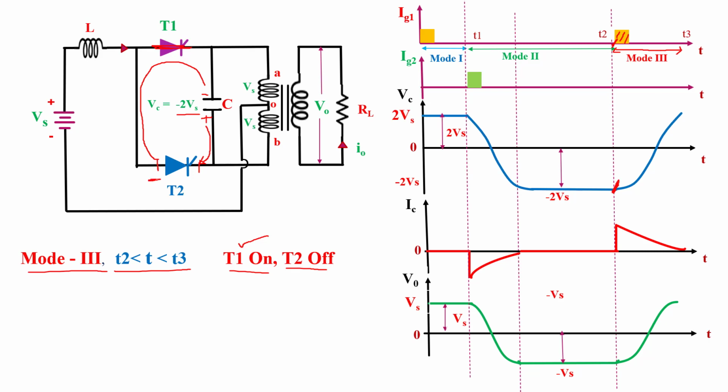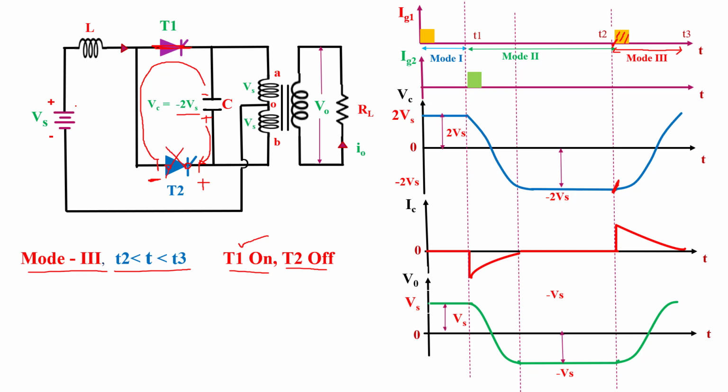Due to this, the anode of the T2 thyristor is negative with respect to the cathode. And we know that when the anode of a thyristor is negative with respect to the cathode, the thyristor gets turned off and behaves like an open switch. Due to the open switch, there is no current flow in this path.